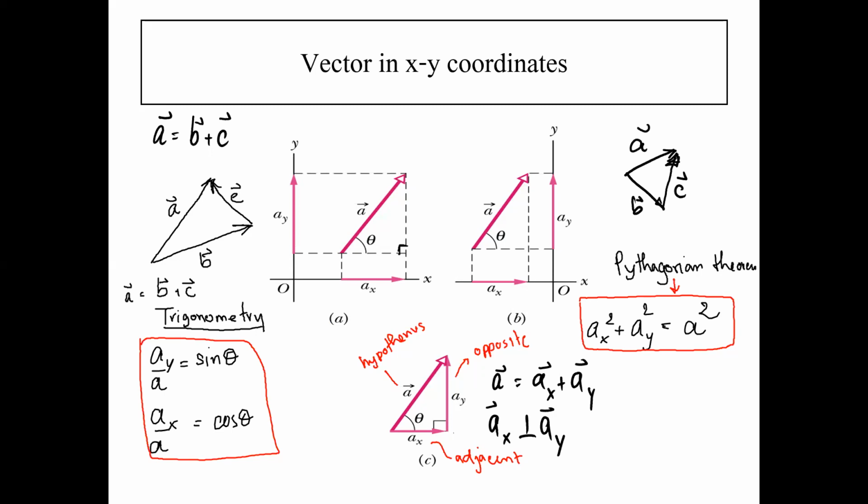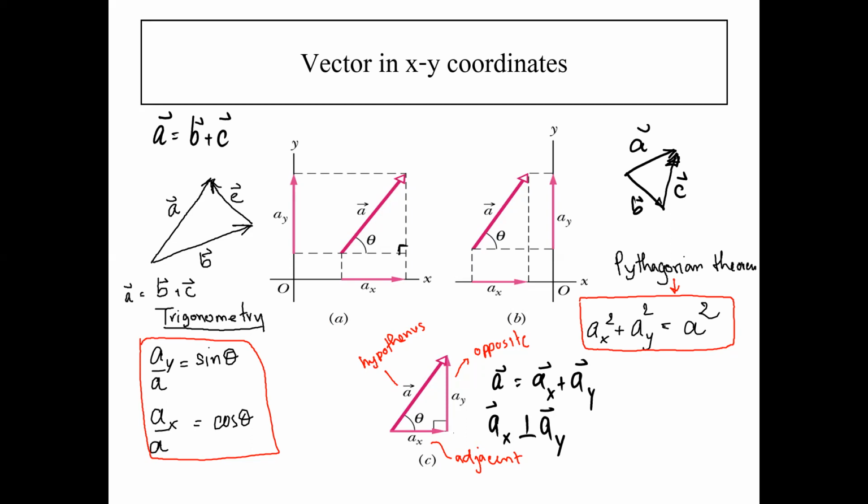So we have vector A, and we break it into Ax and Ay that are perpendicular to each other. Ax is the one pointing along the x-axis, and Ay is the one pointing along the y-axis. You will see that these three vectors form a right triangle.